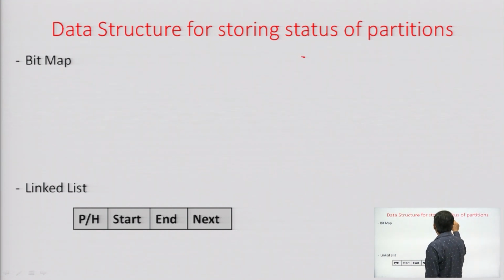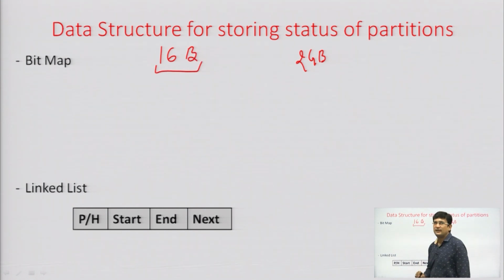Let us say we have 2 GB of memory, and we are using a bitmap to store the status of a bunch of 16 bytes at a time. It means for 16 bytes I need 1 bit.